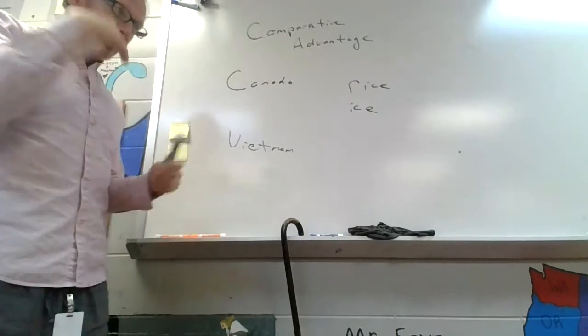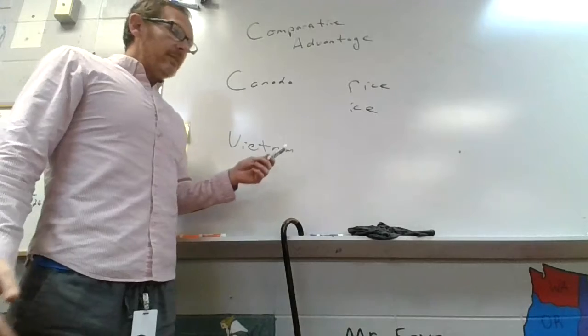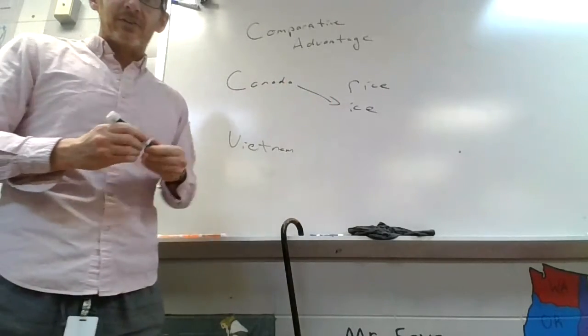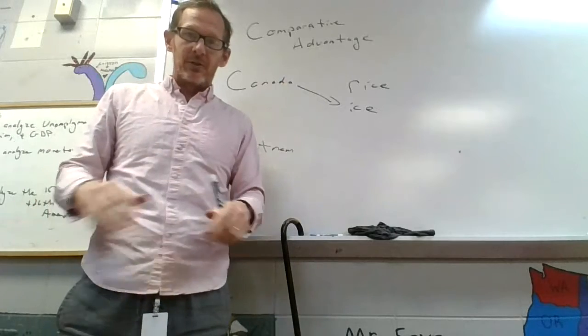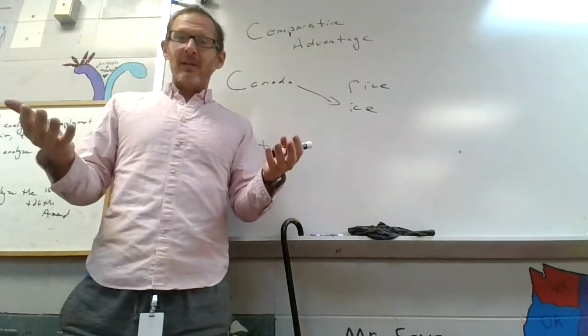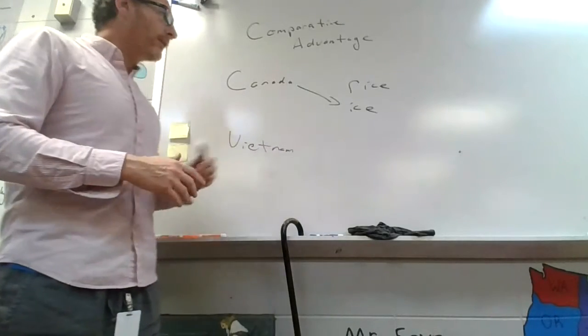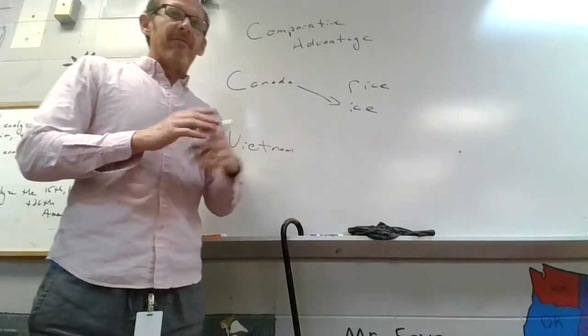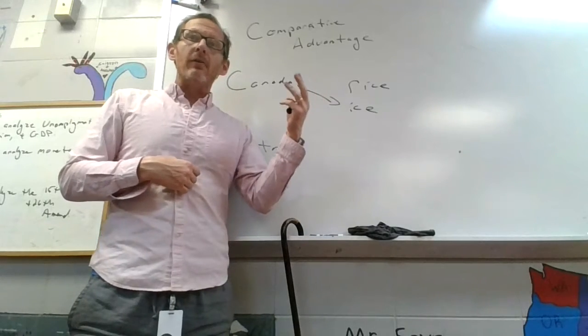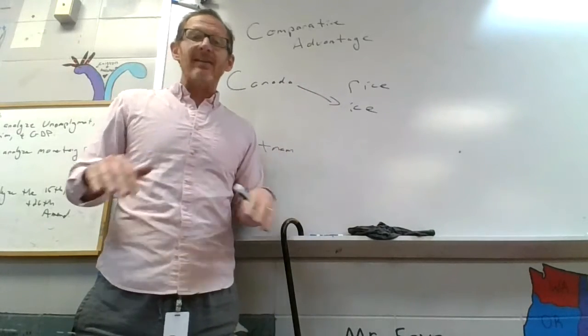Well, clearly, it will be easier for Canada to specialize in making ice because they have access to very cold temperatures. There's lots of water around, so they can make ice really easily, right? But to make rice, you need a very warm, very humid, very damp climate, which Canada does not have.